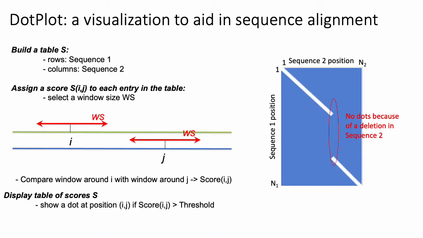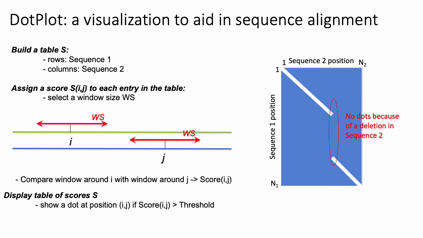A pretty common tool for helping visualize sequence alignments, and in particular genome sequence alignments, is the dot plot. The idea of a dot plot is shown on the right. It's a heat map where the rows are the different positions of sequence 1, and the columns represent the different positions of sequence 2.